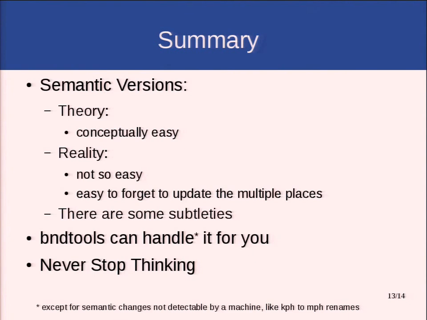But you have to propagate the changes up, etc. Multiple places to change the stuff. So please let the tooling handle that. And we do, for most of the cases, except for these semantic changes that we cannot detect, like the KPH to MPH change. So never stop thinking.